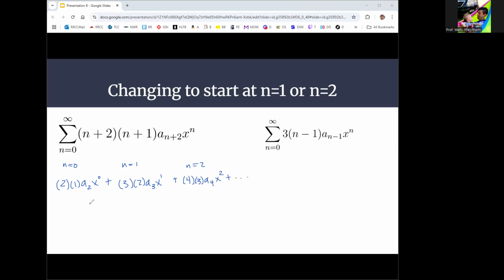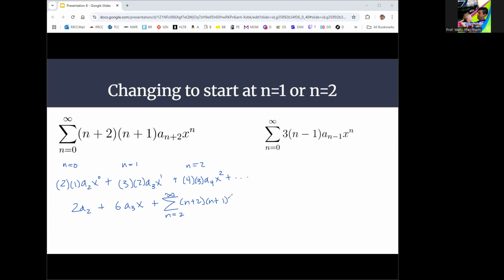So what I can do is I can have this 2a2 plus 6a3x, and then all the rest of the terms are the sum from 2 to infinity of the exact same sum.